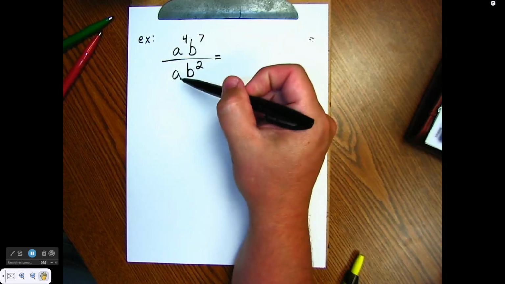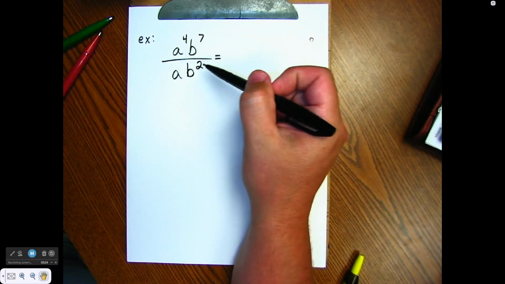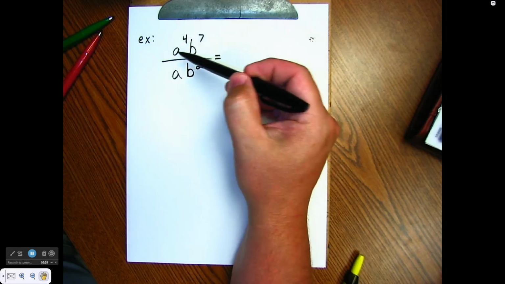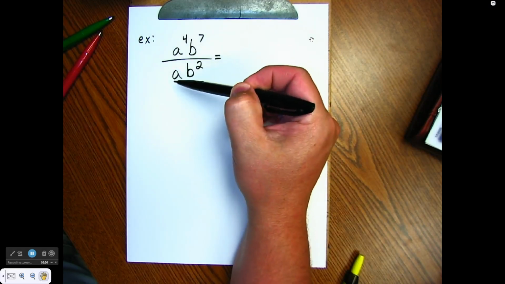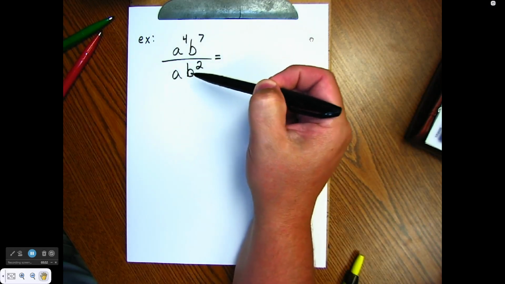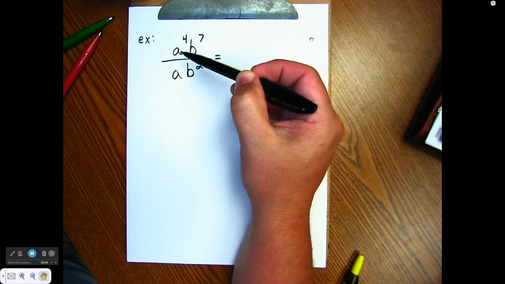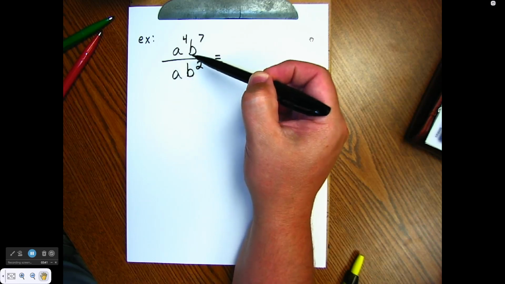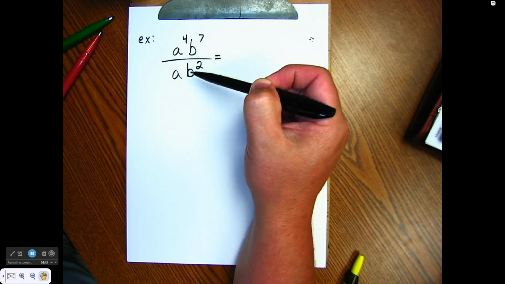Now we're going to deal with the a's and then we're going to deal with the b's, because we're dividing like bases. There's an a on top, there's an a on bottom. There's a b on top, there's a b on bottom.